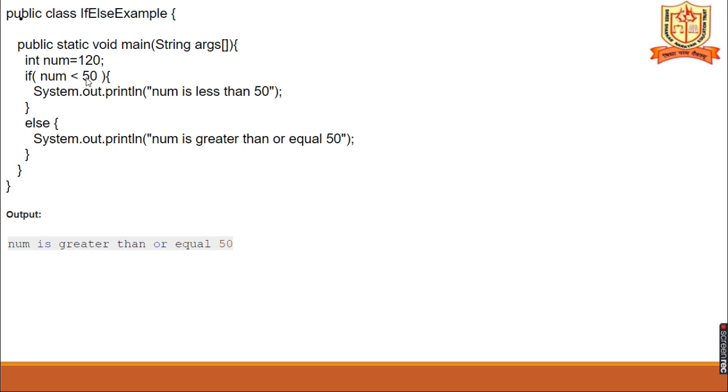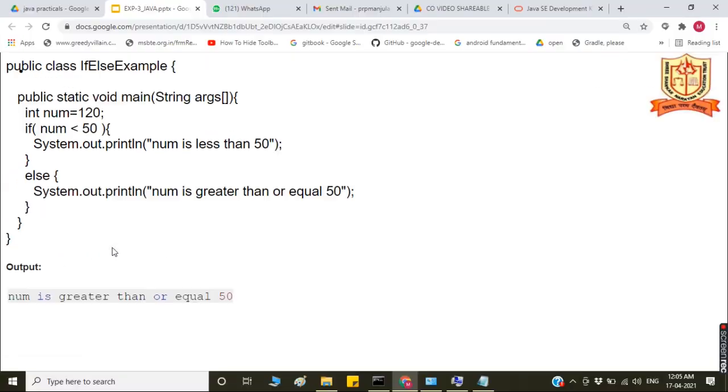If num is less than 50, it will print that, else the else part will be executed: num is greater than or equal to 50. Is it clear? Now the condition is false. Why? Because the value of num is 120. It is greater than 50. The else part will be executed. So this is executed.